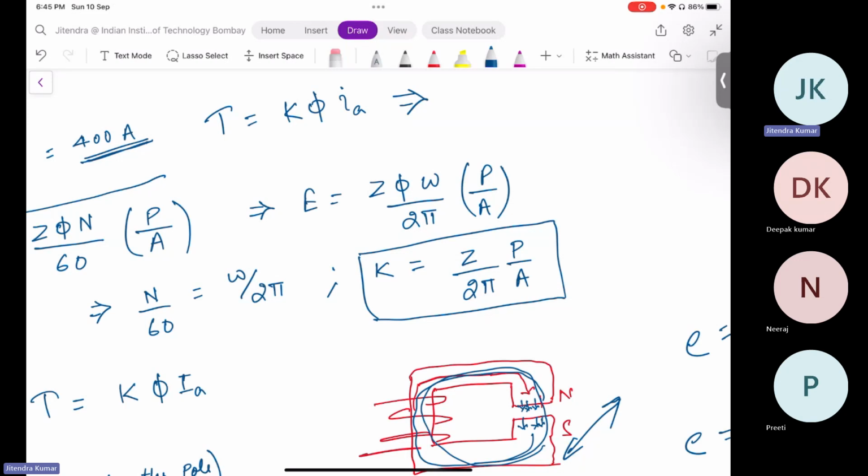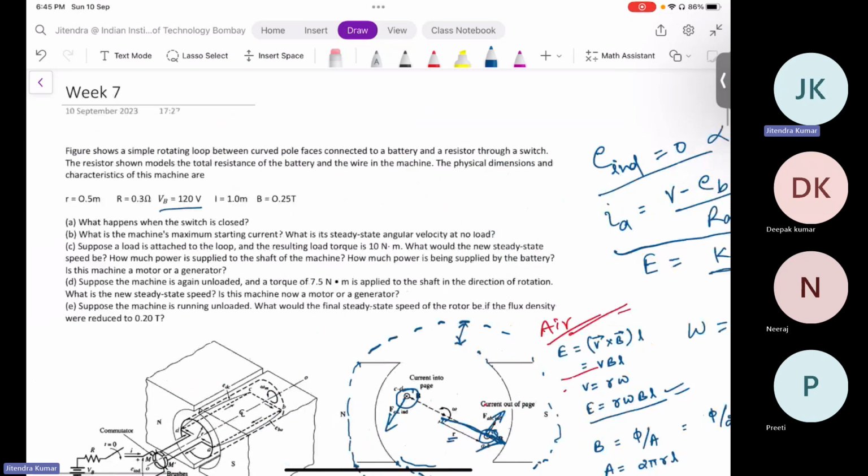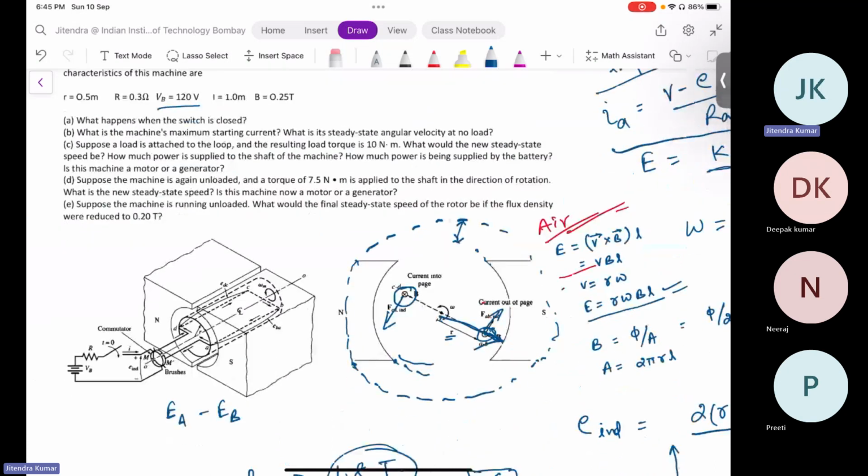So this machine is a two pole machine, or anyway, it is shown in the figure that there are only two poles.